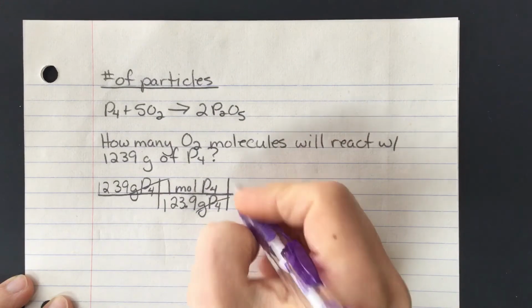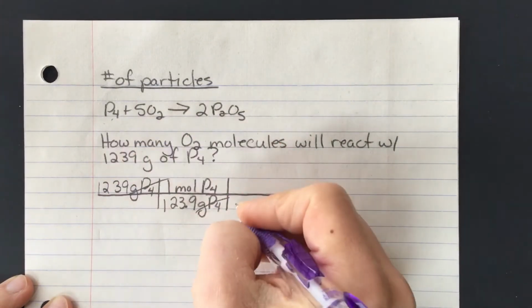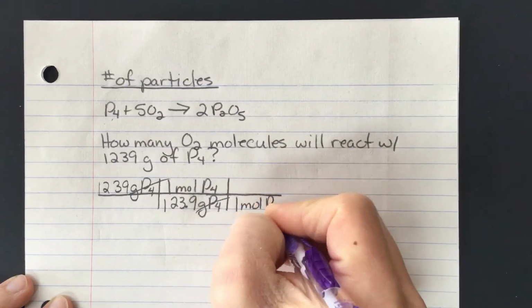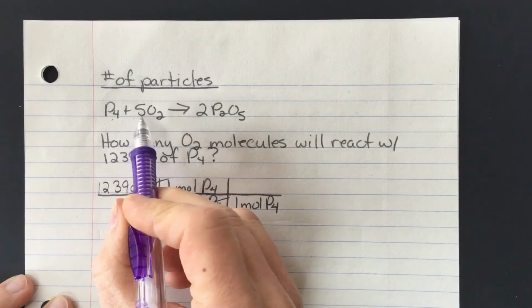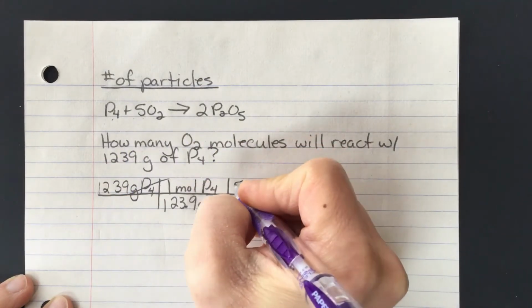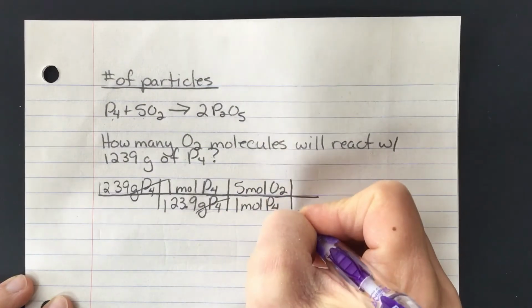So I put here, I have a coefficient of 1 out in front of my P4, so 1 mole of P4. I have a 5 in front of my oxygen, reacts with 5 moles of oxygen.